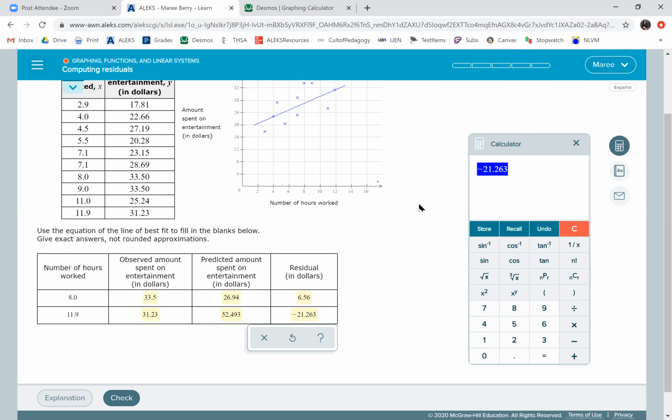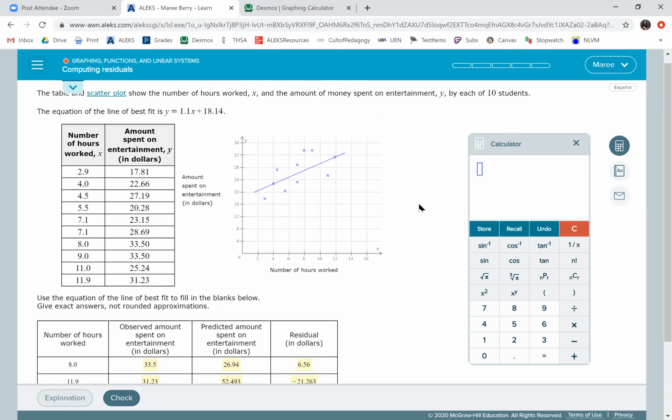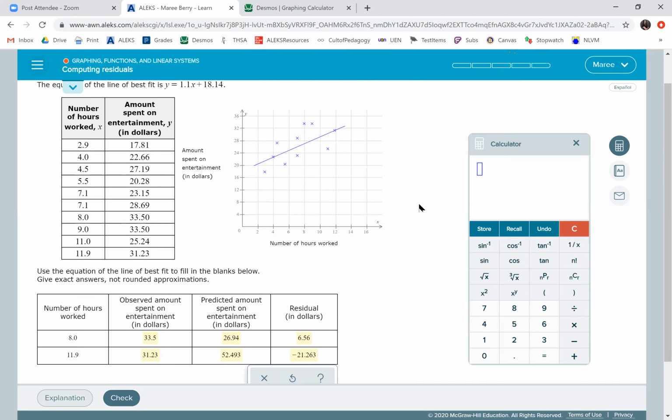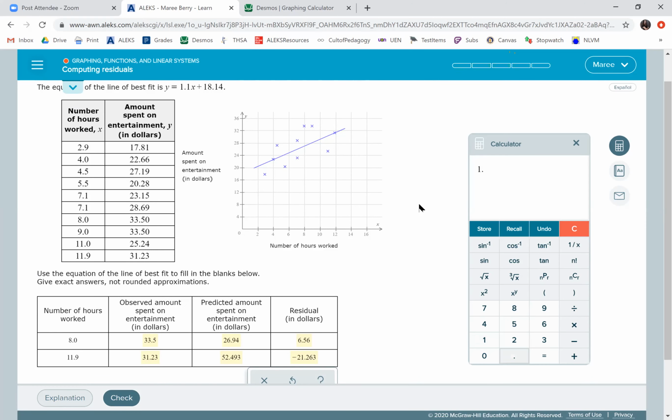That seems really high. So let me just double check that I plugged this in correctly. 1.1 times 11.9. I just want to do this one more time. See, so this was supposed to be 31.23. I don't know what I did wrong there, but I better fix it. And then, whoa, the residual would be 0 because they're both the same.